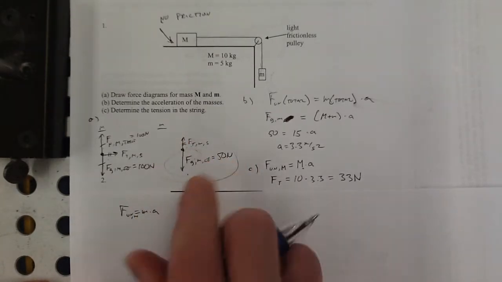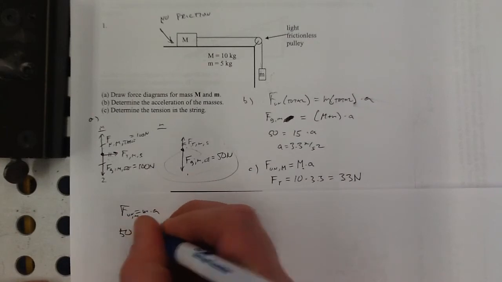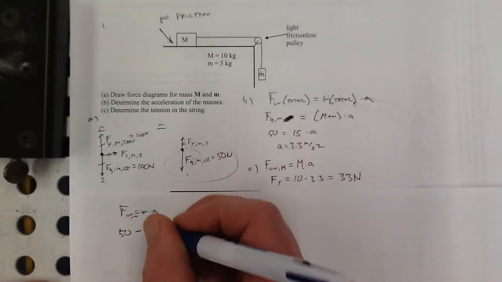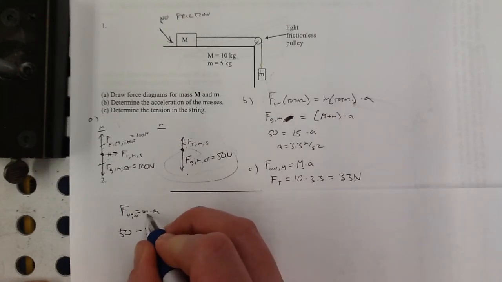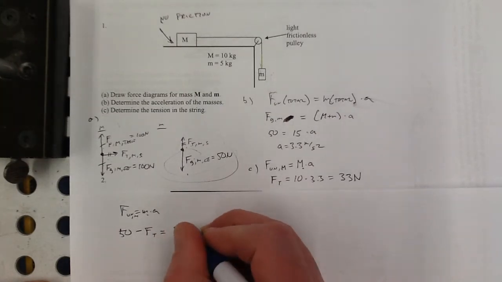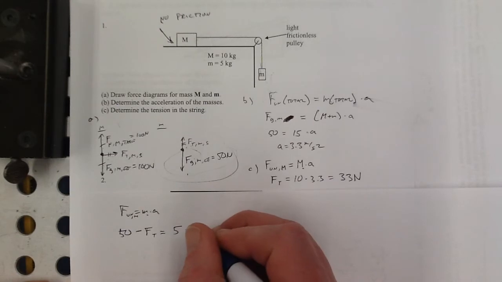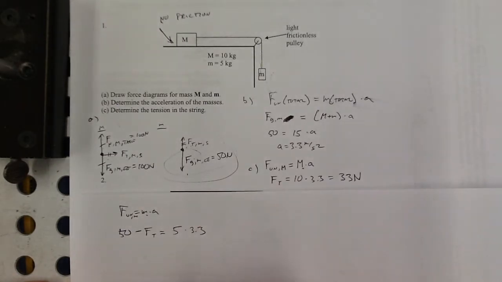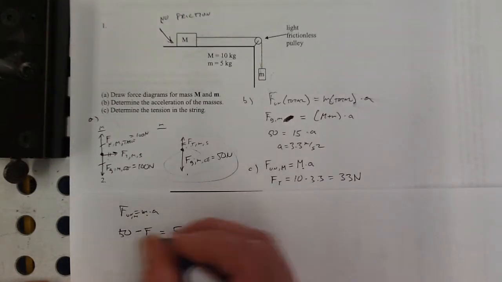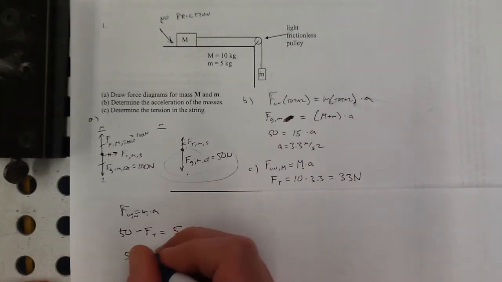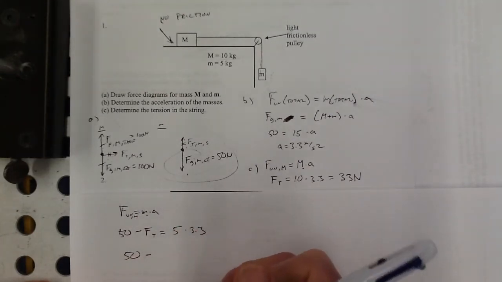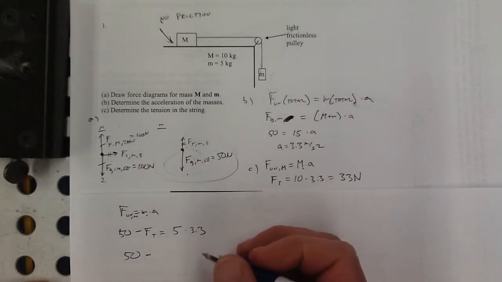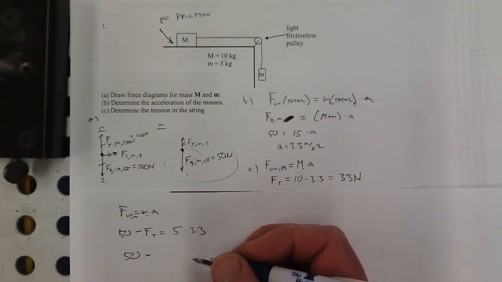Well, here we have 50 newtons, that's winner minus loser, is equal to the little mass, 5, times the acceleration, 3.3. Let's see what we get there. If we do some baby algebra, 50 minus, what's 5 times 3.3?